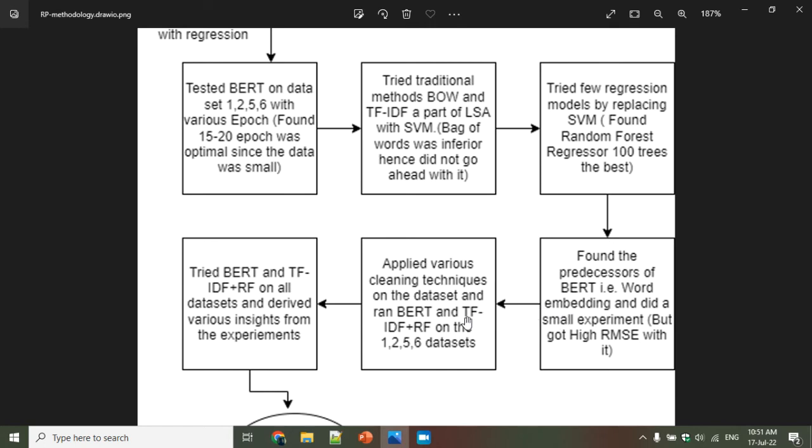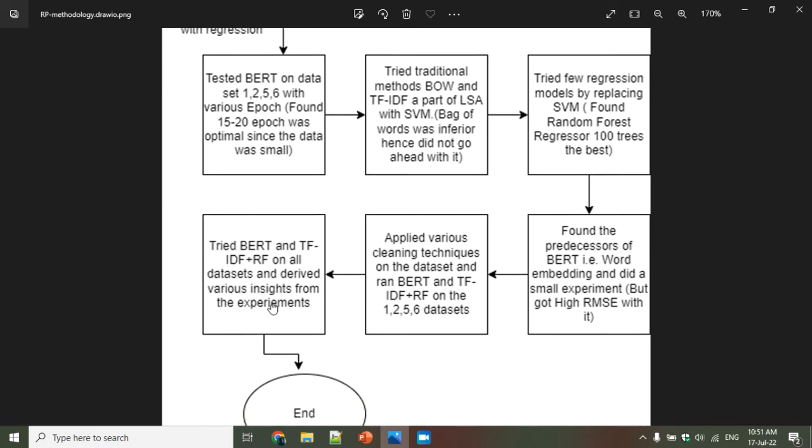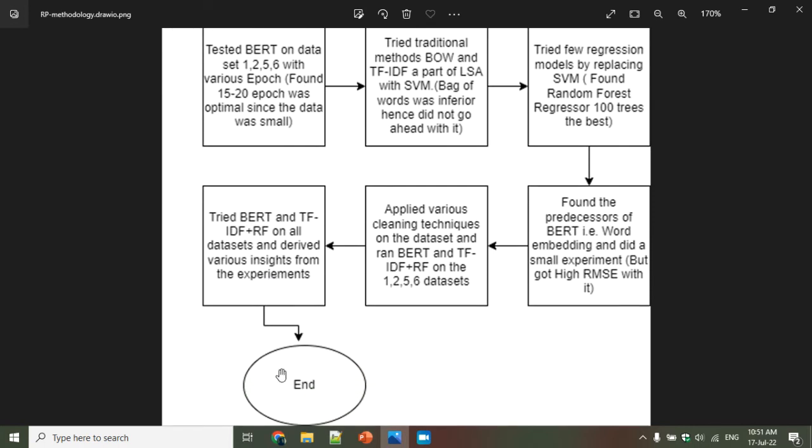Then we even cleaned the data set and tried the BERT regressor and TF-IDF plus random forest regressor. Finally, we tried BERT regression and random forest regression with TF-IDF on all the essay sets, and that is where our research came to an end.